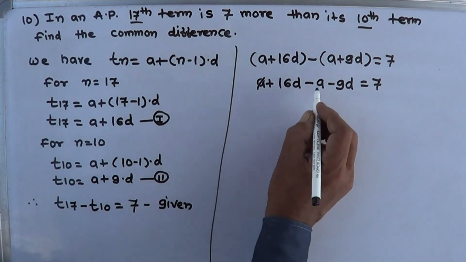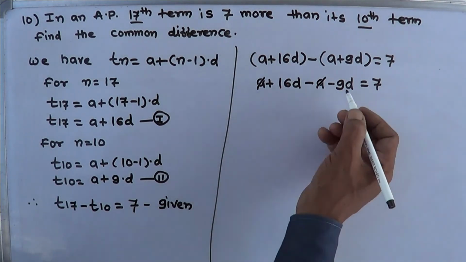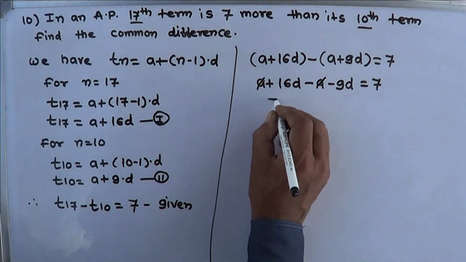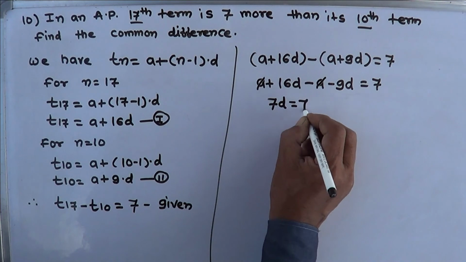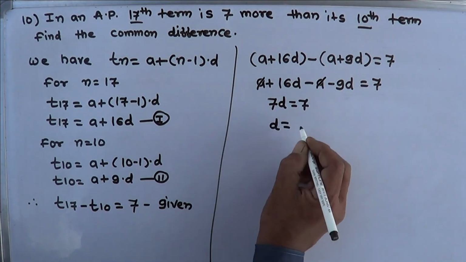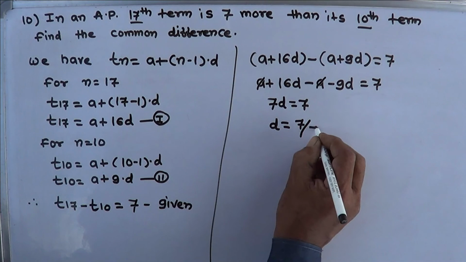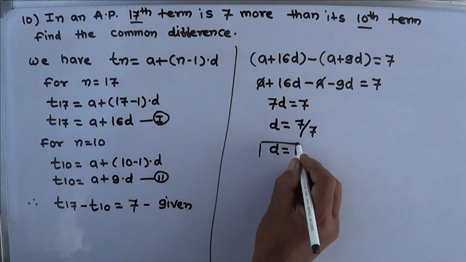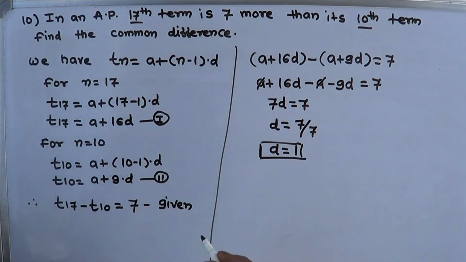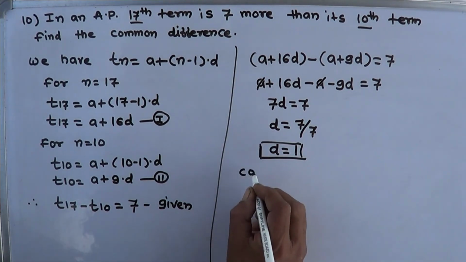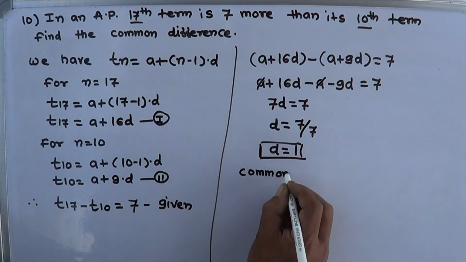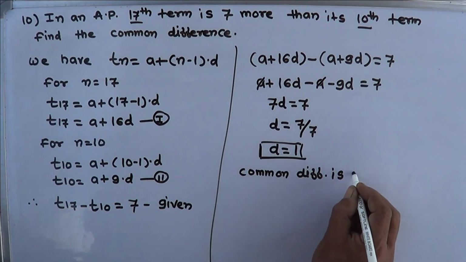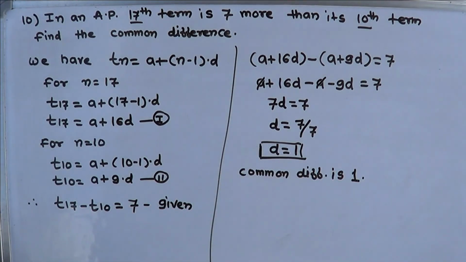So a plus a minus get cancelled, 16d minus 9d, so this will be 7d equal to 7, and the value of d will be equal to 7 divided by 7, and the value of d is equal to 1, which is our common difference. So the common difference is 1.